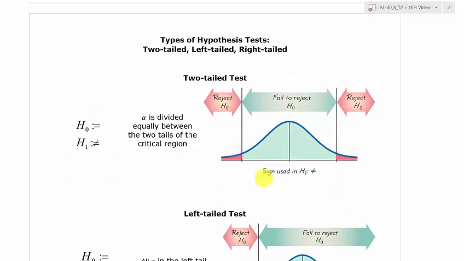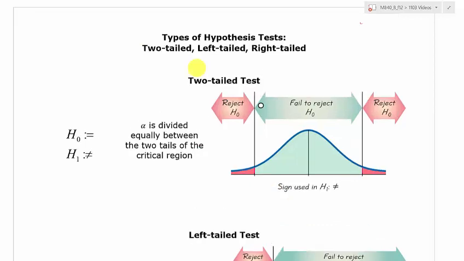So here there are 3 different situations that can happen. Now we're going to talk about how we set up the null and the alternative hypothesis. Let's take the p example.